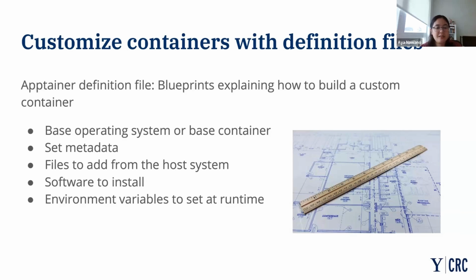And lastly, you can also set environment variables. We saw how to set them at runtime, but we can also set the environment variables when we are building the containers.